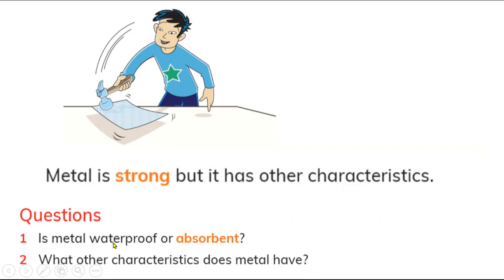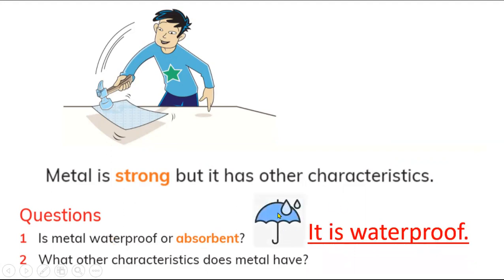It is waterproof. It is waterproof. Can you see this example? The water will not get inside the metal, like this umbrella. When you're holding the umbrella, it is waterproof. Why? The material is waterproof.